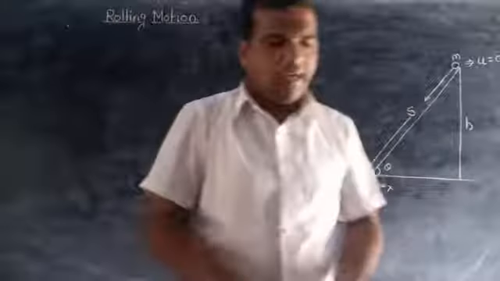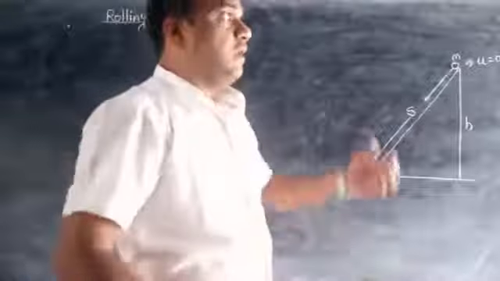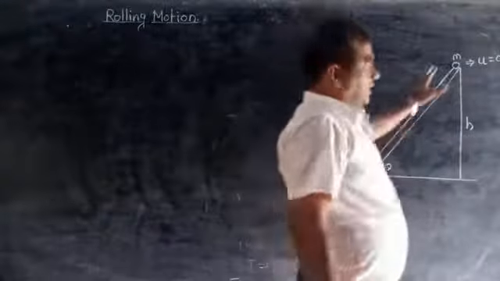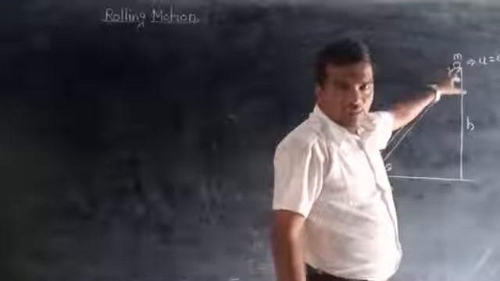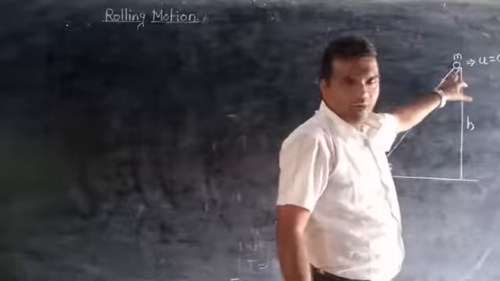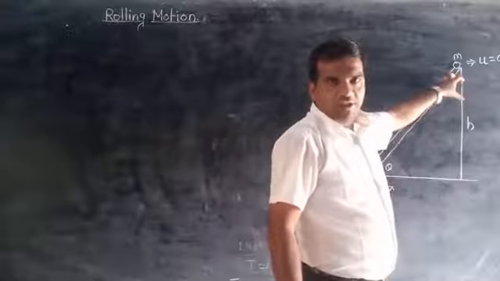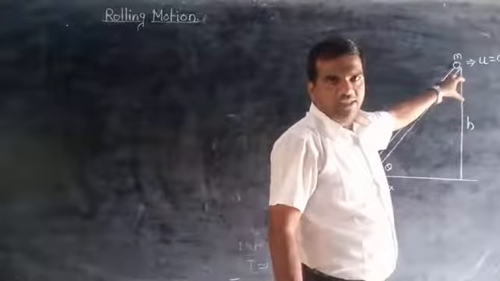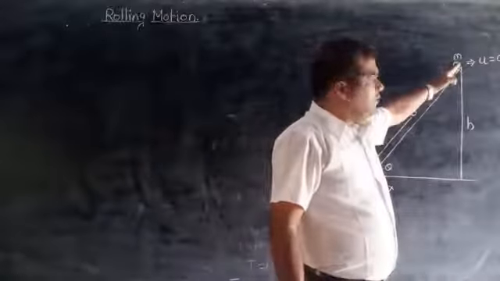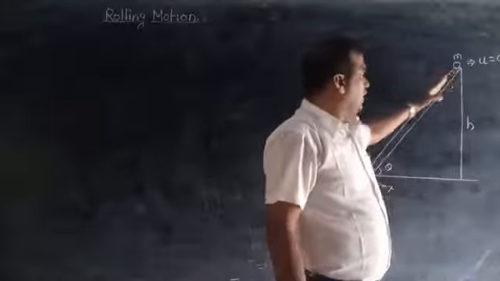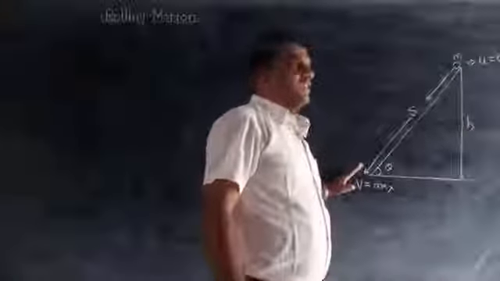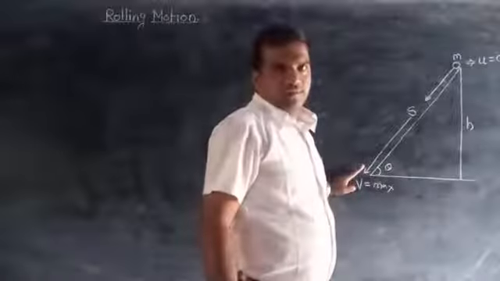So we have to determine the maximum velocity. When this body is initially at the highest point or topmost point at rest, it possesses potential energy, that is mgh. And when this body is released from this point and reaches the bottom, it possesses kinetic energy.